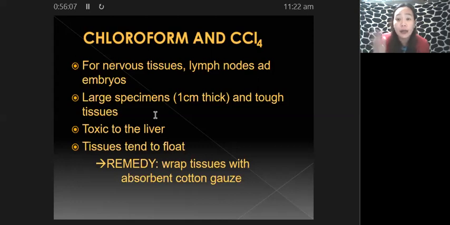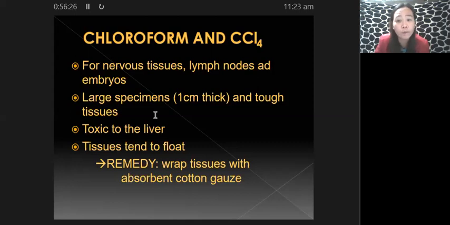It's your liver. Particularly the parenchyma of your liver, which is composed of your hepatocytes, are the ones that detoxify your chloroform and your carbon tetrachloride.